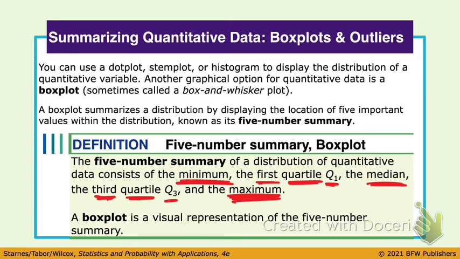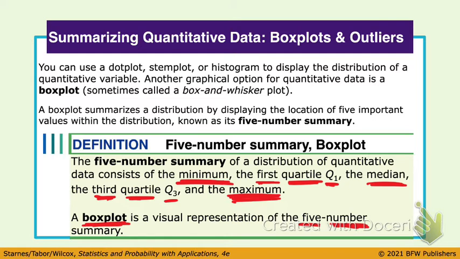Minimum, Q1, median, Q3, and the maximum. And what we do is we take those 5 numbers along with our outlier information, whether or not there are outliers, and we create a box plot. A box plot is a visual representation of the 5-number summary.